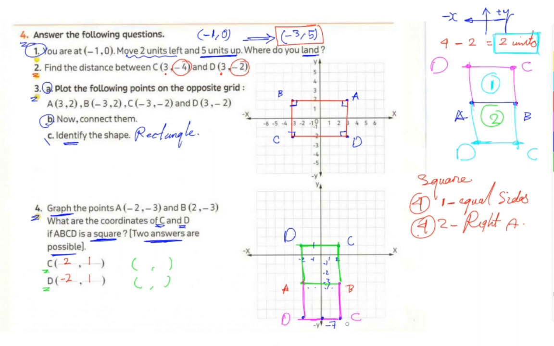So the coordinate of C is (2, -7), and the coordinate of D is (-2, -7). So that's the first possibility and that's the second possibility, and each of them is a correct answer.